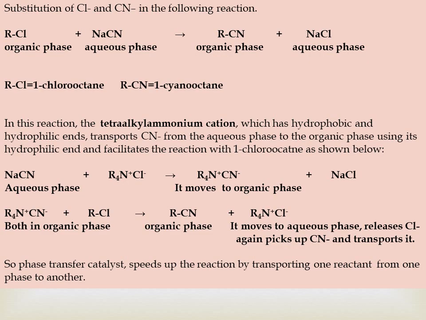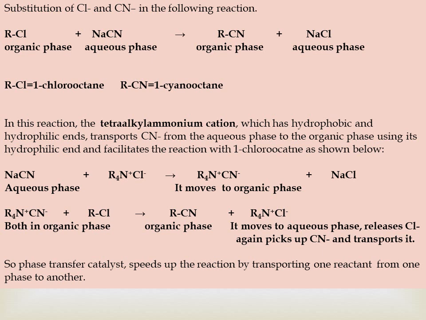So look at the equation. Already we discussed the equation which is in the first line, the dark reaction mentioned in the bold letters. So RCl plus NaCN gives RCN plus NaCl. Here RCl plus NaCN, these two are the reactants. First, in the aqueous state NaCN will be present. This NaCN will be treated with the tetraalkyl ammonium chloride. Look at the second reaction, second equation.